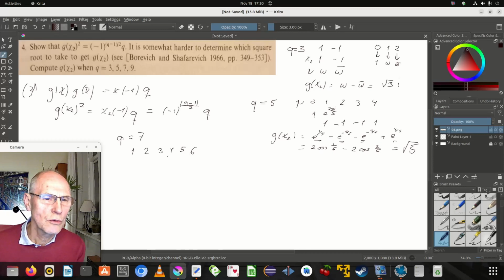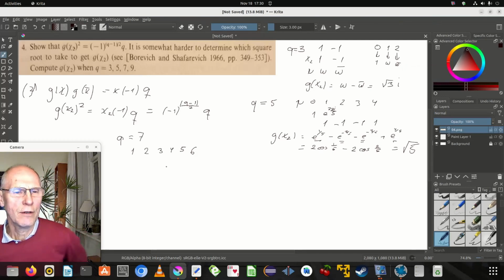So 2 squared gives 4. 4 squared gives 16. Modulo 12, that's 4. Can't be. This is really weird.